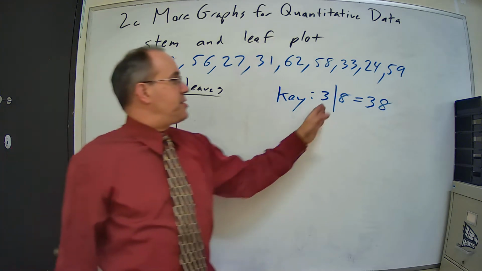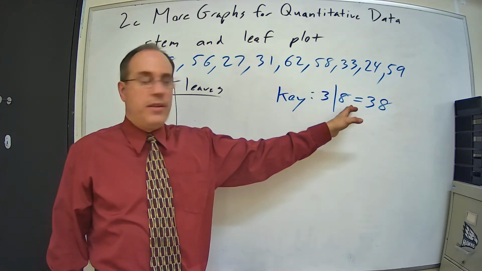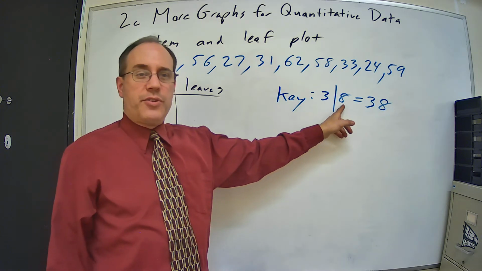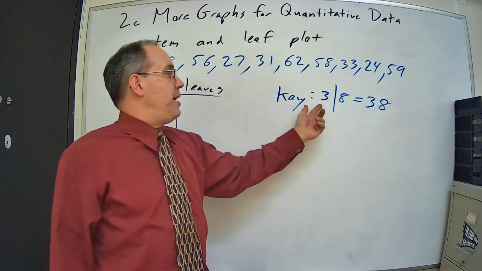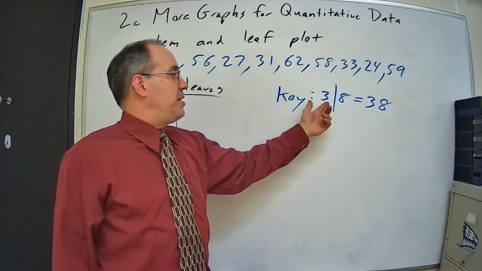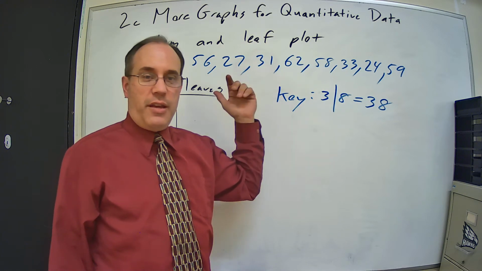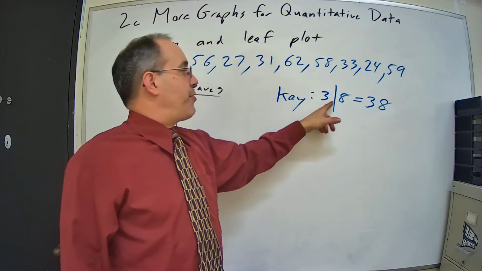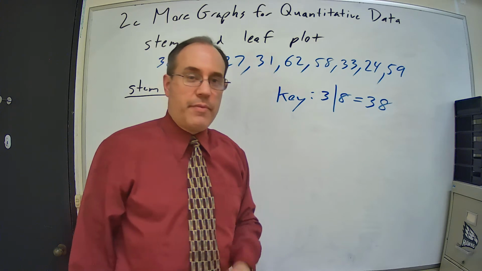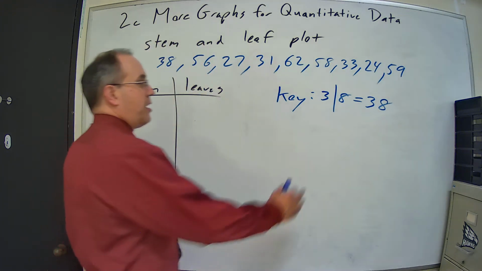It's splitting the stem from the leaf, and it's saying that the leaf is going to be 1 digit. And the stem is going to be anything from the tens and higher. So here I have a stem of 3 and a leaf of 8. And that gives me 38.